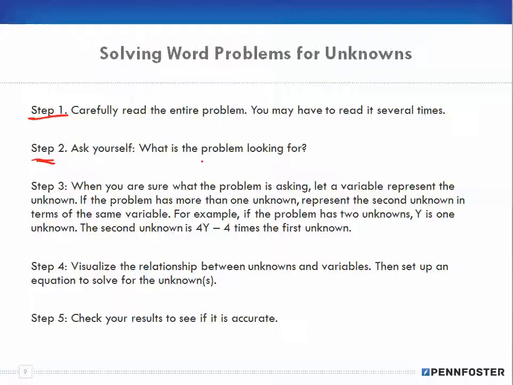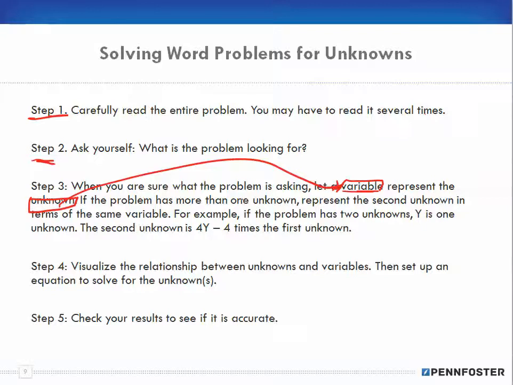Step number 3. When you are sure what the problem is asking, let a variable represent the unknown. Here they're trying to equate the variable with the unknown, basically saying that they're the same thing. I like using the term variable instead of unknown.